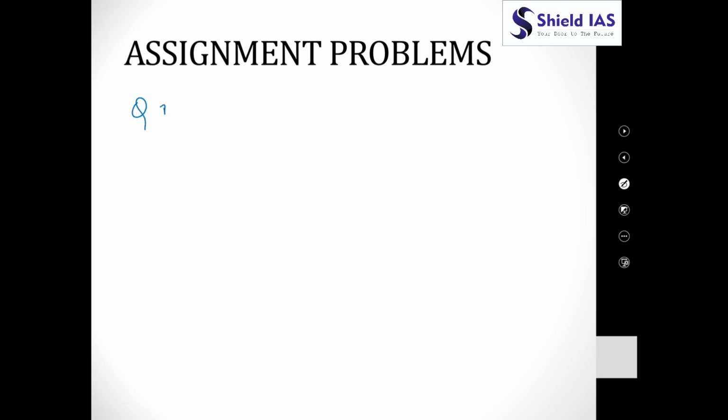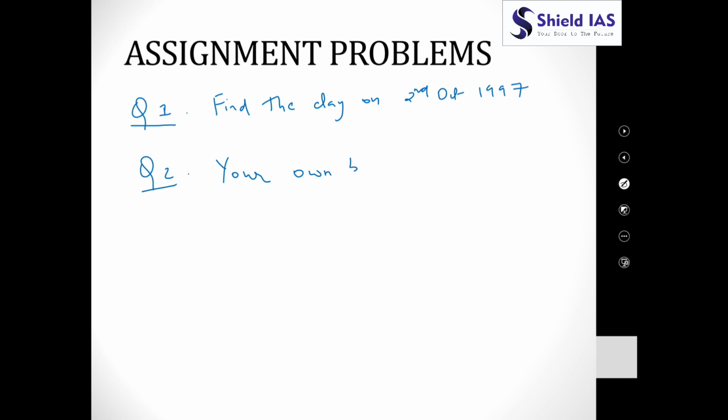So for assignment purposes, question number 1 is: find the day on 2nd October 1997. Question number 2, find the day on your own birthday.